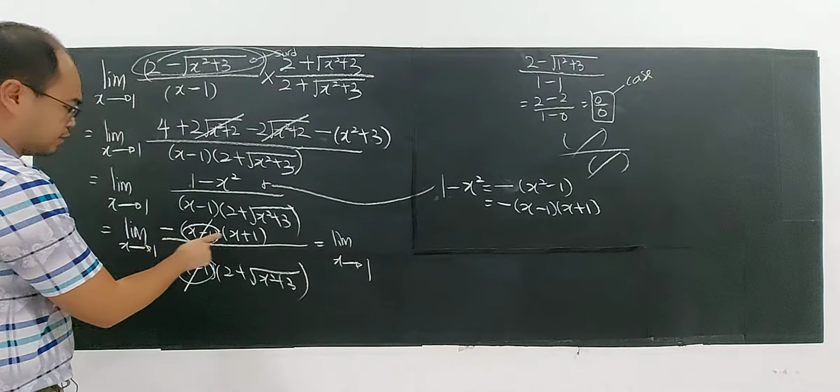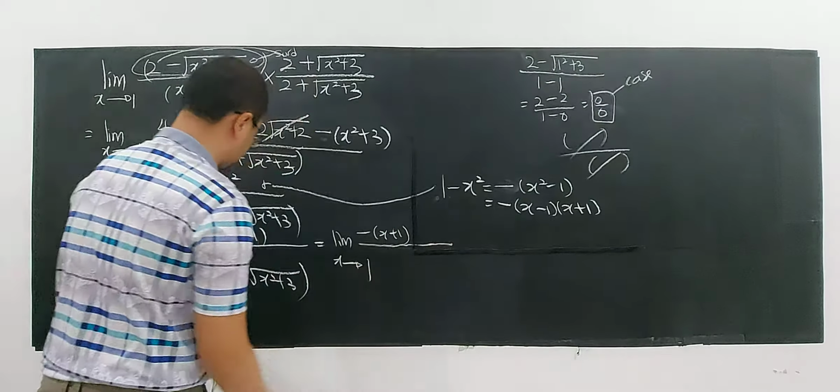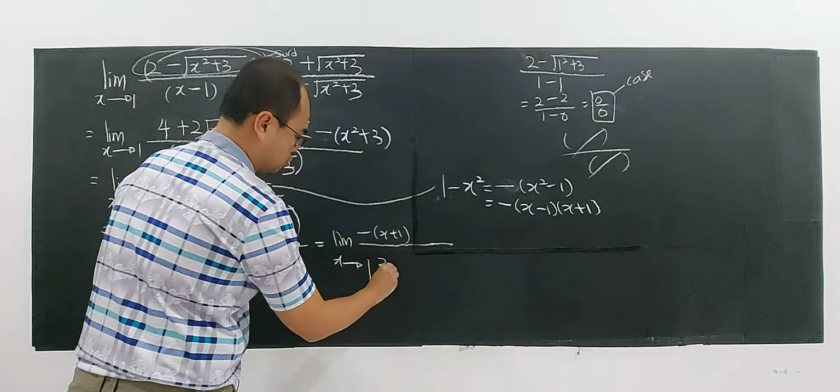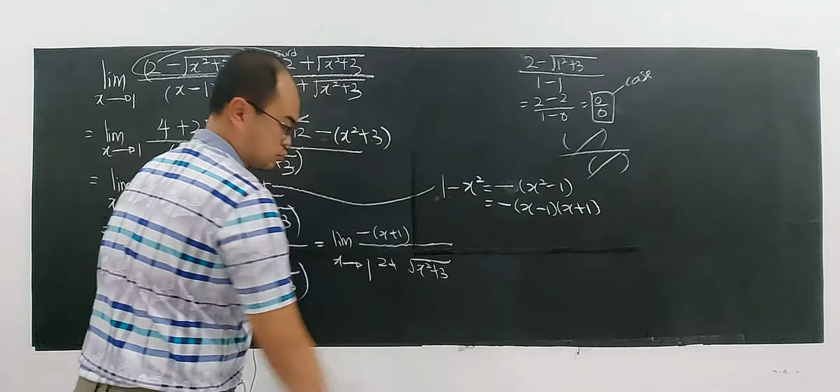So negative x plus 1, over 2 plus square root of x squared plus 3. Alright, now it's time to evaluate.